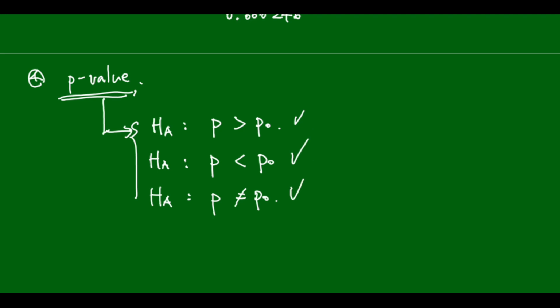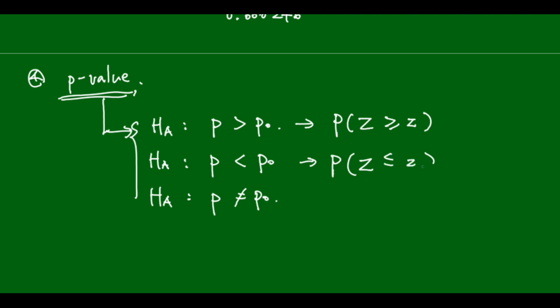Depending on the form, your p-value is calculated this way: P(Z less than small z), P(Z greater than small z), or 2 times P(large Z larger than small z).